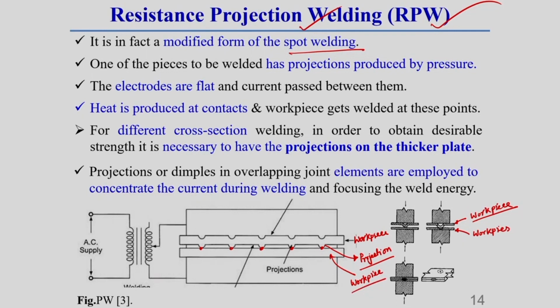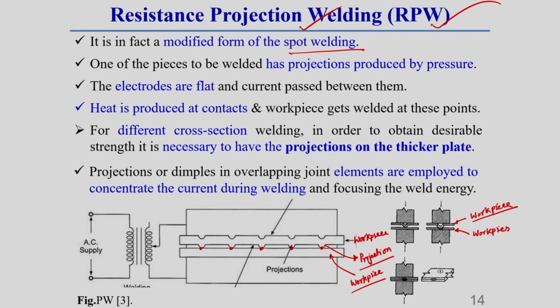So, wherever this projection contacts the other workpiece, at that location the current density will be high, the material will be more heated, and there it creates a spot. Depending upon the number of projections, that number of spots can be produced at a time. That is why it is called resistance projection welding, because the heat is generated due to the resistance heating of the two workpiece interface.